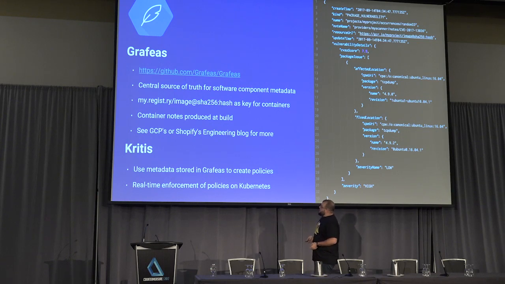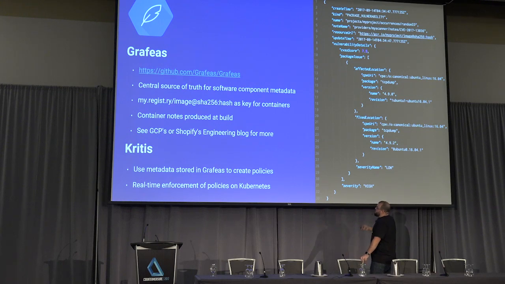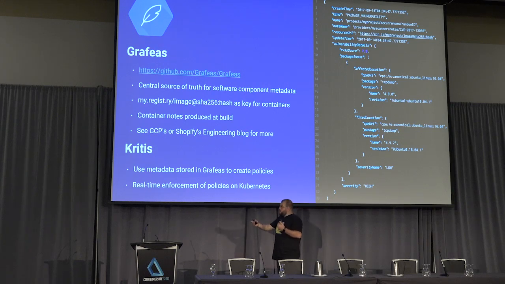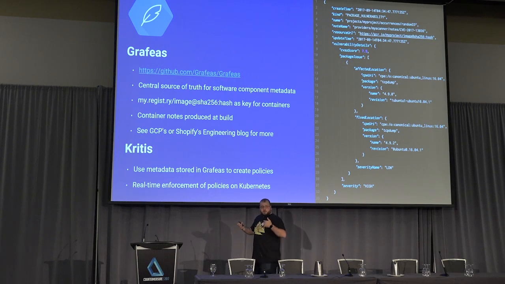And it's done by a key, so you have my registry or gcr.io or your Docker Hub, image.sha256. So we have this digest of this container. That means this is a unique container. And then we can provide a list of things like what packages are installed and push this up to a central metadata server. This is Grafeas.